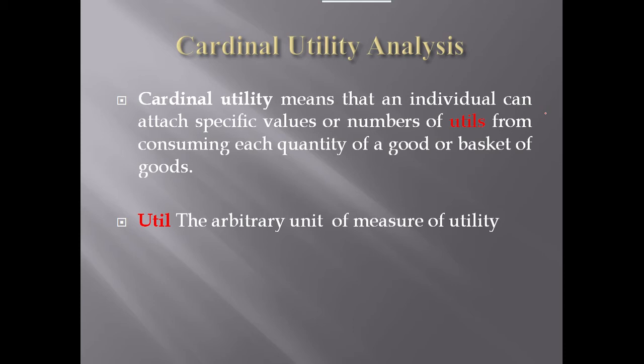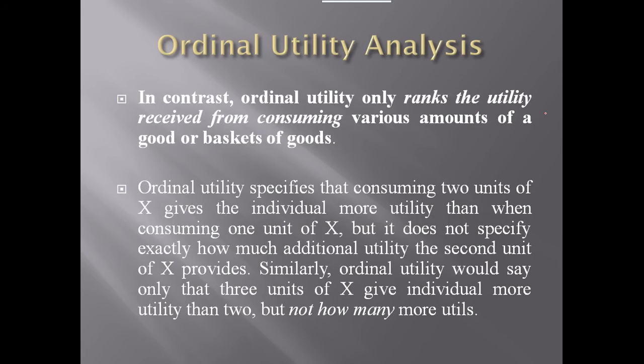In cardinal utility, an individual can attach a specific value or number of utils for consuming each quantity of goods or basket of goods. Utils are the arbitrary unit of measurement of utility. In contrast to cardinal utility, ordinal utility only ranks the utility received from consuming various amounts of goods and baskets of goods.